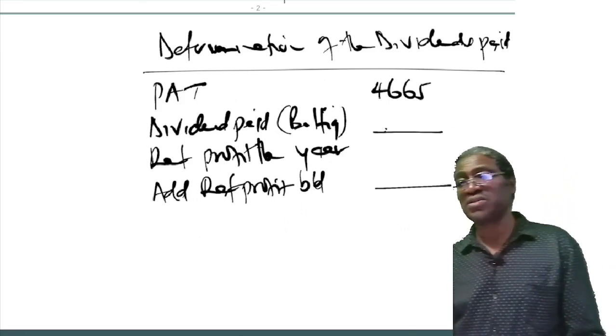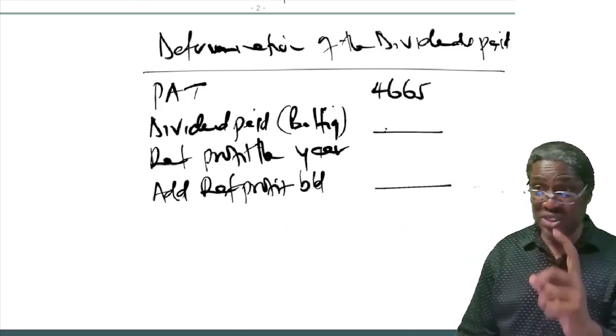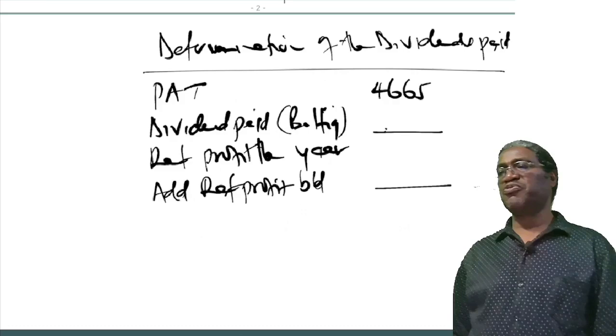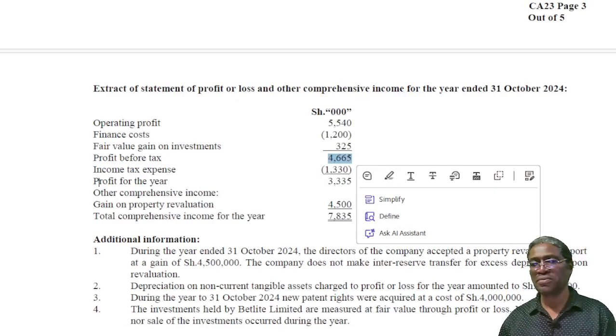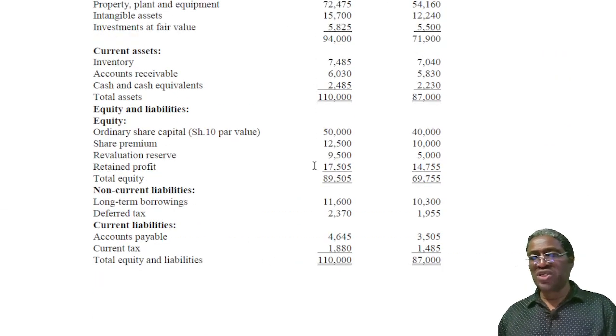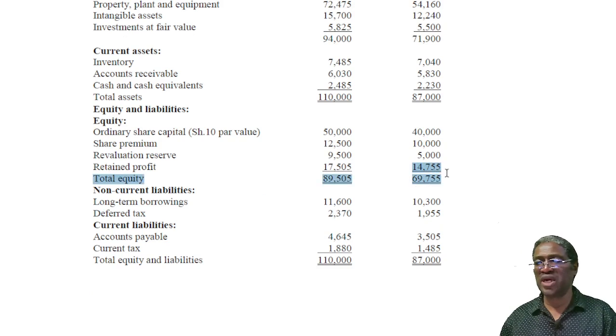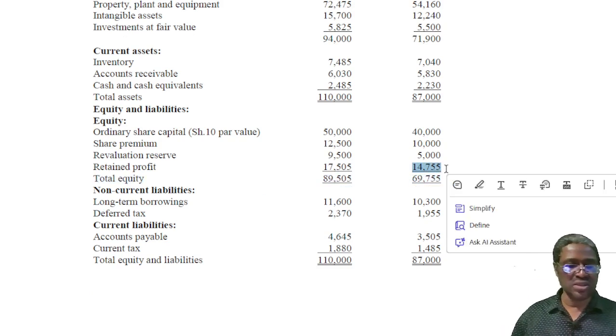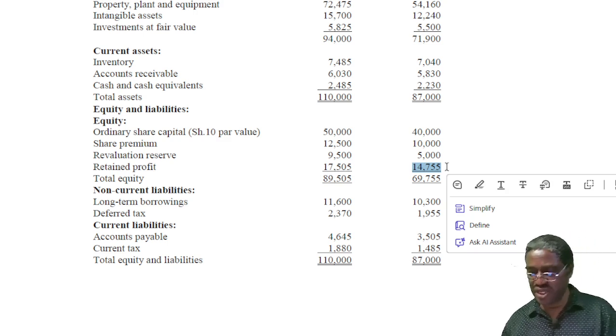Then you add retained profit brought down. Let's pick it from the balance sheet last year. Are you seeing how much it was? Yes, good. I can see the retained profit was 14,755. Bring it.